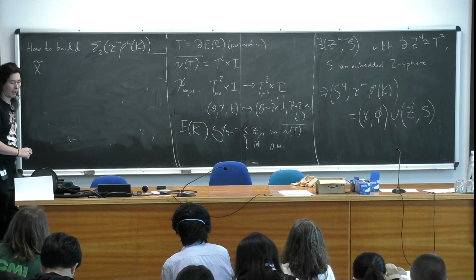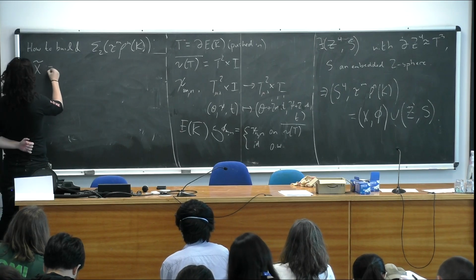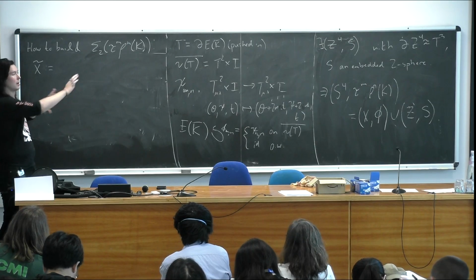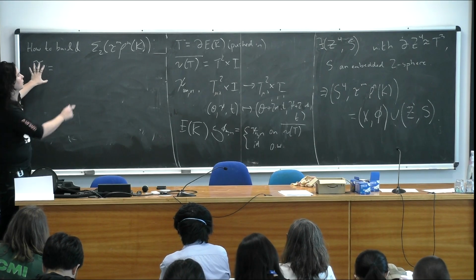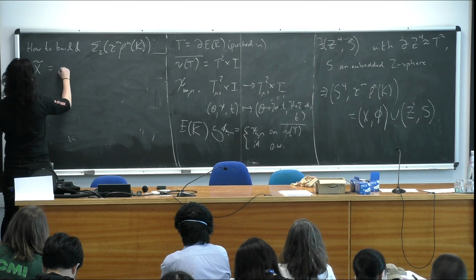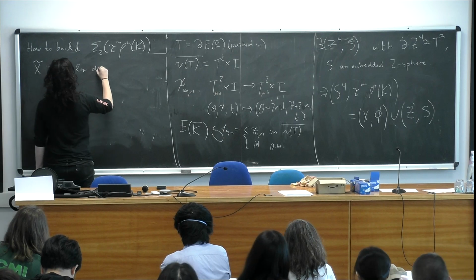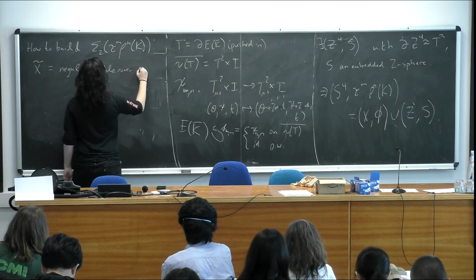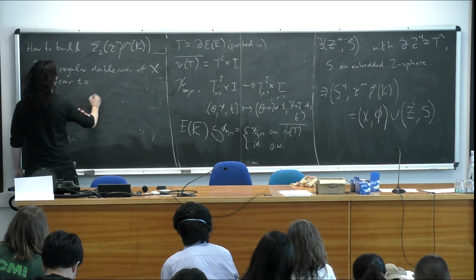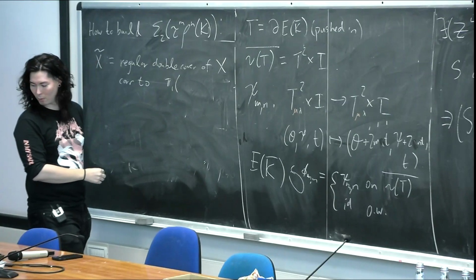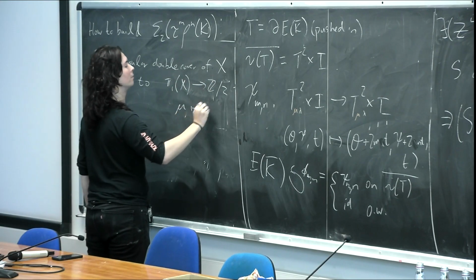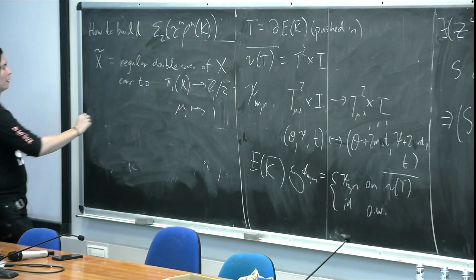Basically, when I take the double branch cover, it respects this decomposition, x and z. It's just going to be the regular twofold cover of x, and then a standard double branch cover of z. All right, so this is the regular double cover of x, corresponding to pi 1 of x to Z mod 2 that sends the meridian to 1.